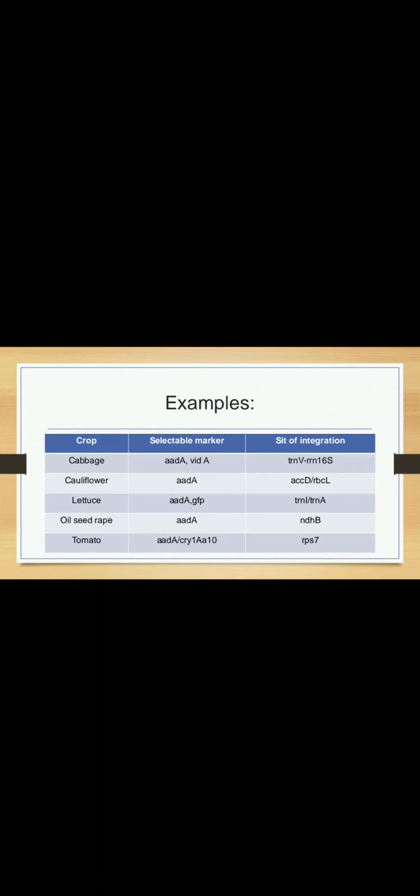So these are the different sites of integration in case of cabbage.